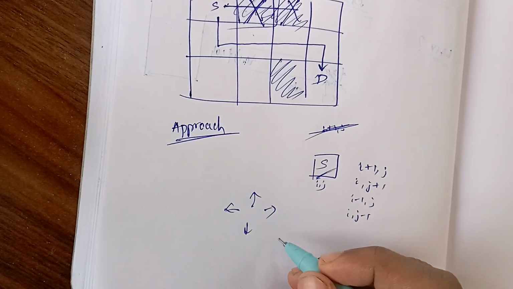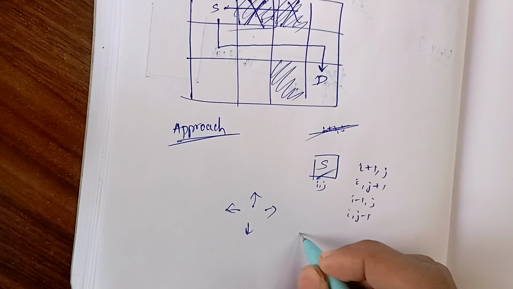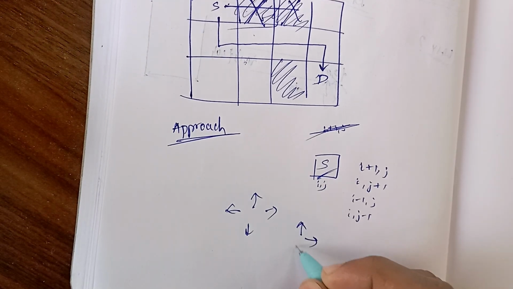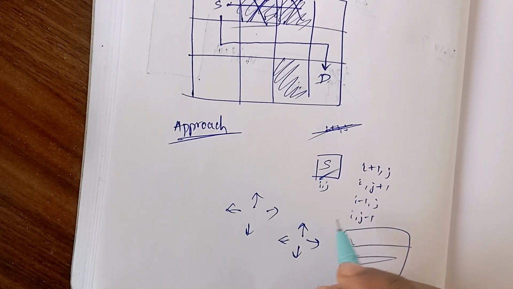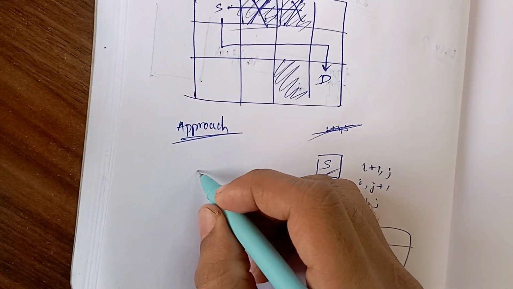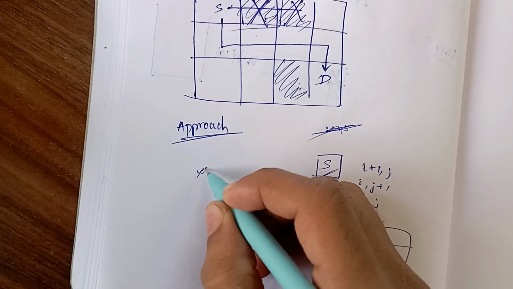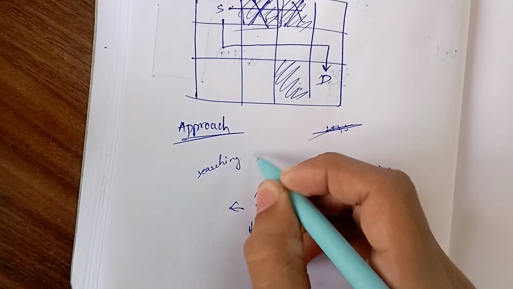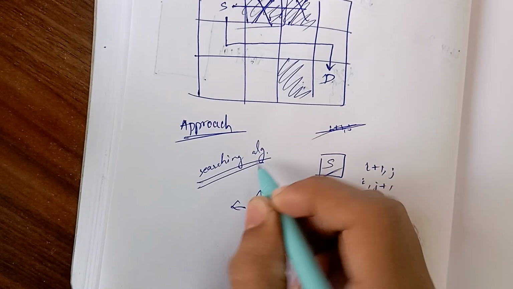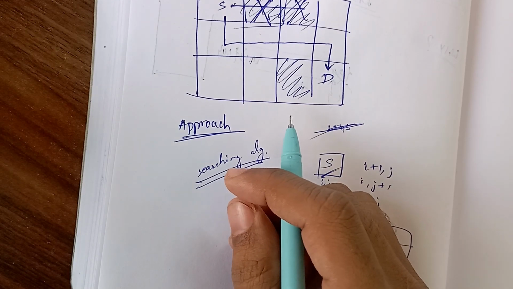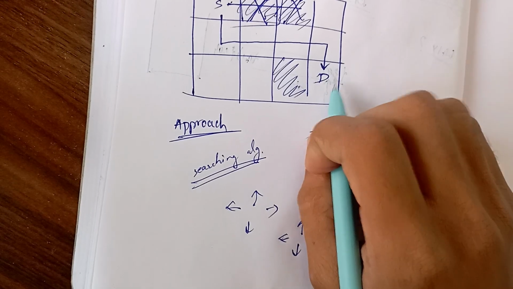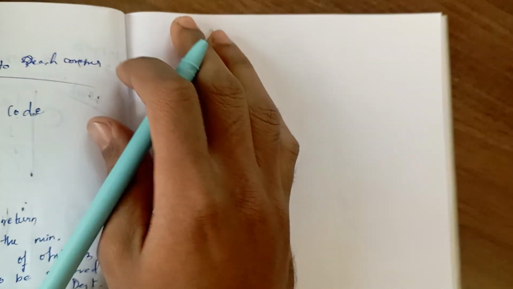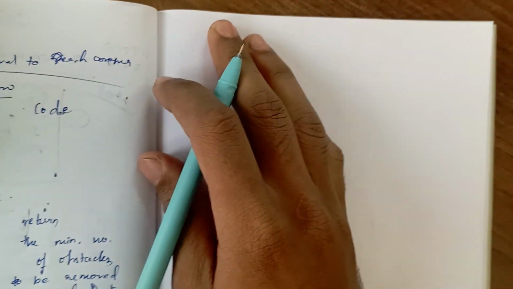Whenever you see such problems, with up, right, down, or left moves, and we are given a grid, we can simply go with a searching algorithm. This is a method which we can use to search for our destination. See how we can know that BFS or Dijkstra's algorithm is a better one.